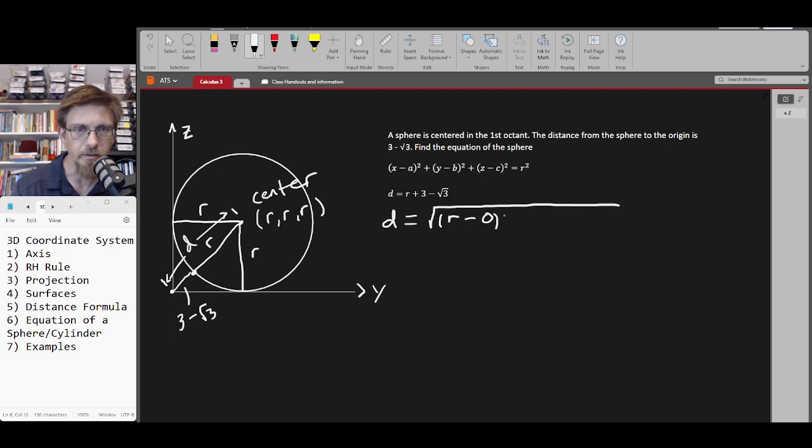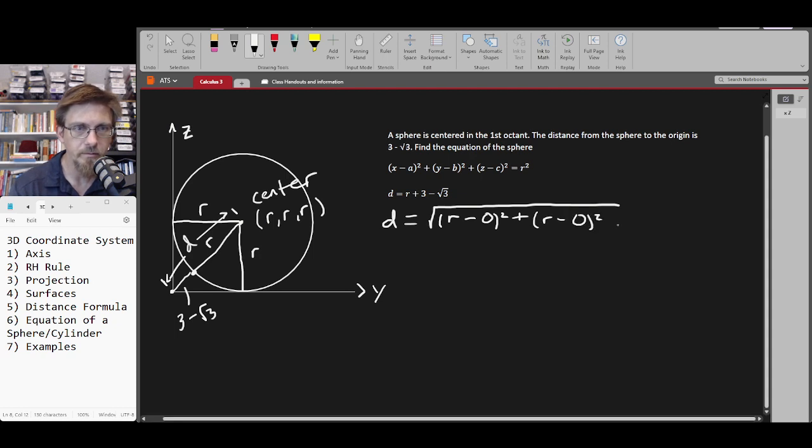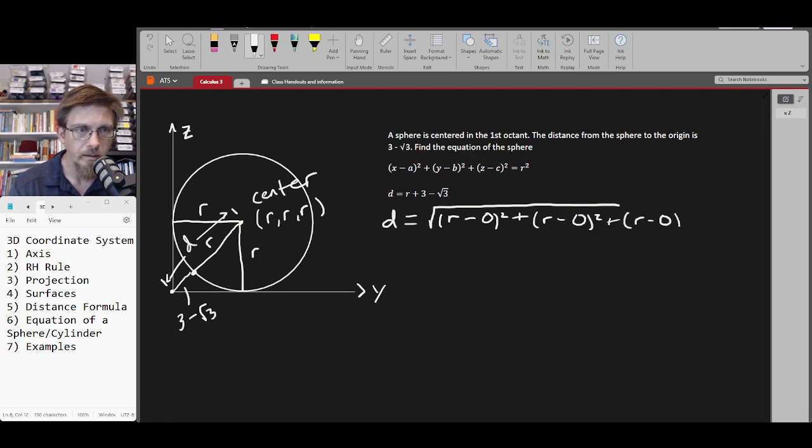So r minus 0 squared, and we're going to have that 3 times. All right, so now if I simplify this up, I get that d is equal to the square root of 3 r squareds.